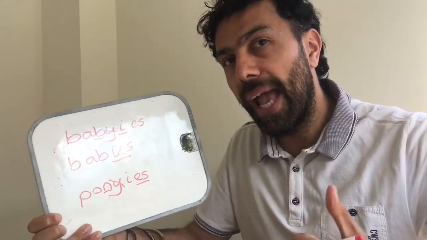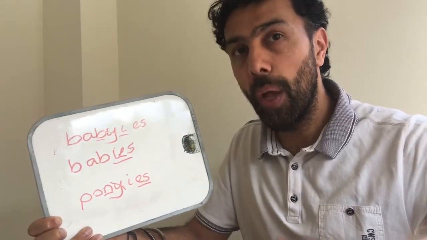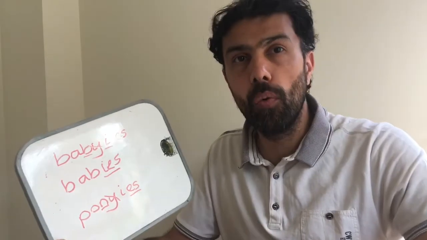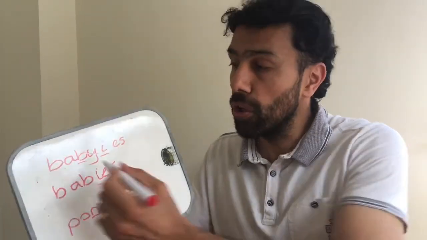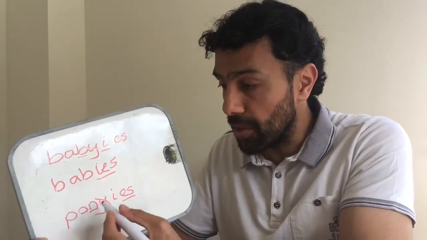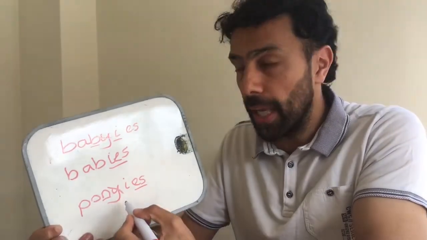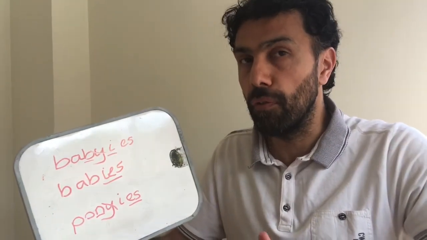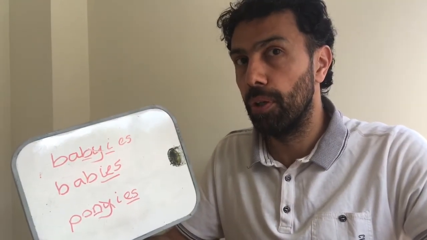Remember the vowels? A, E, I, O, U. If it's not got one of those vowels, it means it's got a consonant in front of it, like a B here or an N here, then yes, you would take off the Y, change it for an I, and then add ES. So there's a few different rules here when it comes to plural.